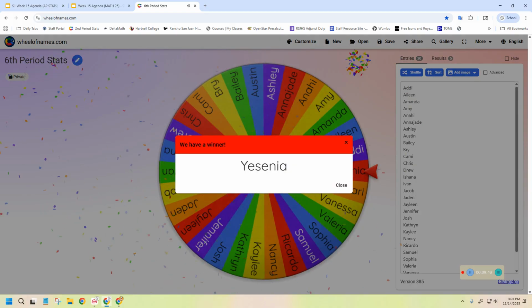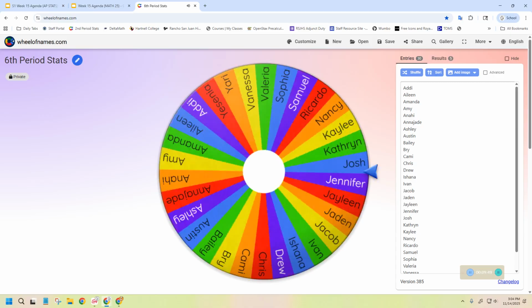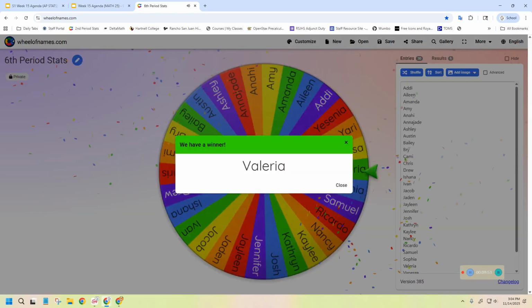Is not correct. My calculator chose Tuesday. All right. I marked that. Next one. Valeria, pick a day of the week. Close. My calculator chose Thursday. So close.